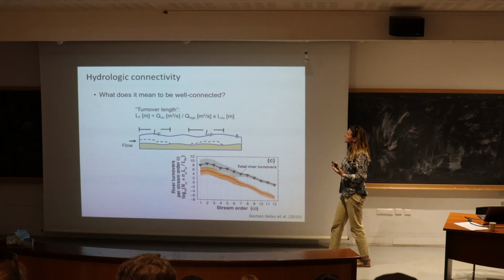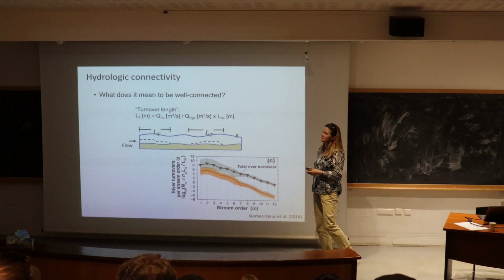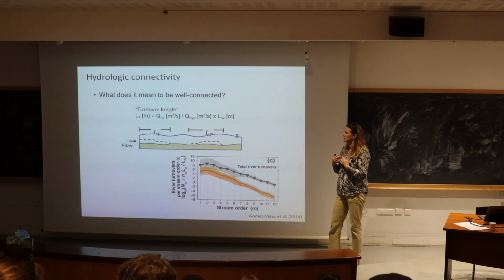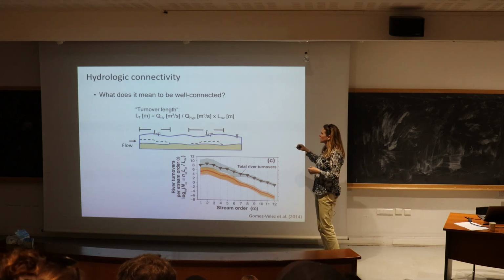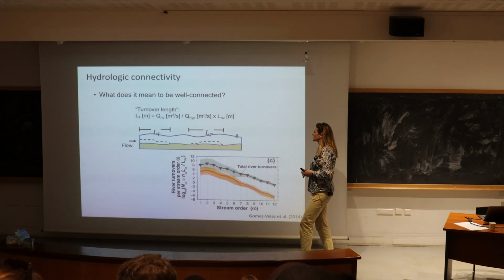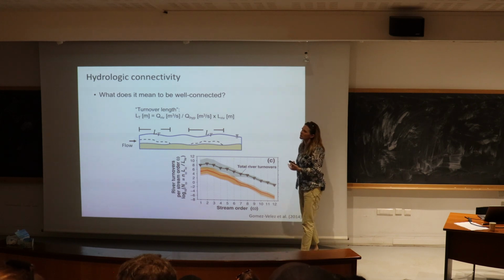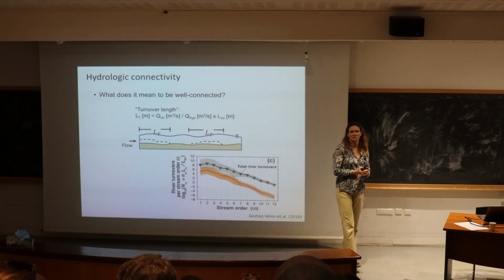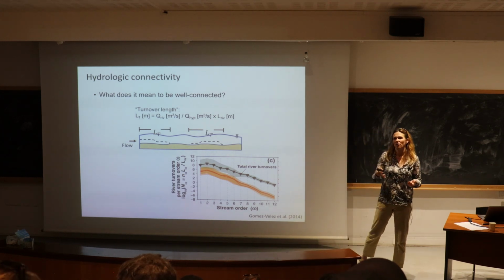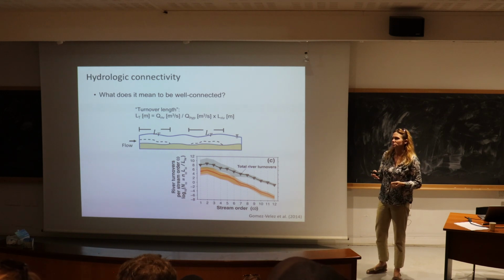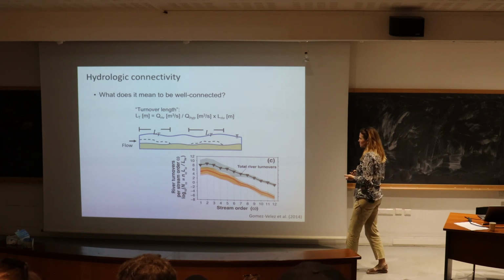And a typical metric that we've used for that in the past, throughout this community that I work in, is the turnover length. So the turnover length is basically an easy calculation you can do if you know the fluxes that says, on average, how far does river water go downstream before it enters the riverbed?